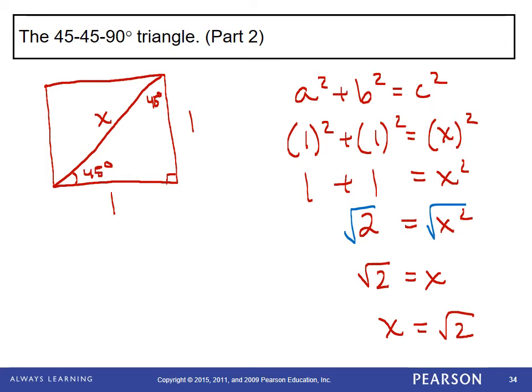So on a 45, 45, 90 degree triangle, if the sides are 1, the hypotenuse would be square root of 2. And again, why do we use part 2 here? It gives you quick calculations, and notice there's no fractions here. That's really the major issue here. There's no fractions here, but again, I prefer to see the fractions because we're going to use the fractions later on quite a bit.